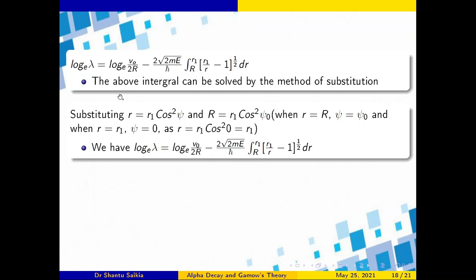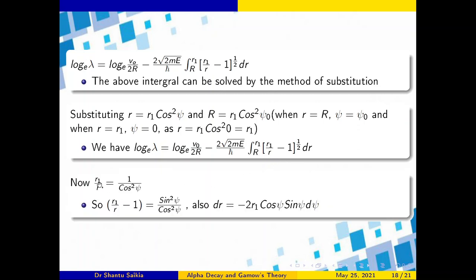So we have the above equation, we can write it as this equation. Now R1 by R from this substitution is 1 by cos square psi. So we can write R1 by R minus 1 as this. Also dr, R1 is a constant.